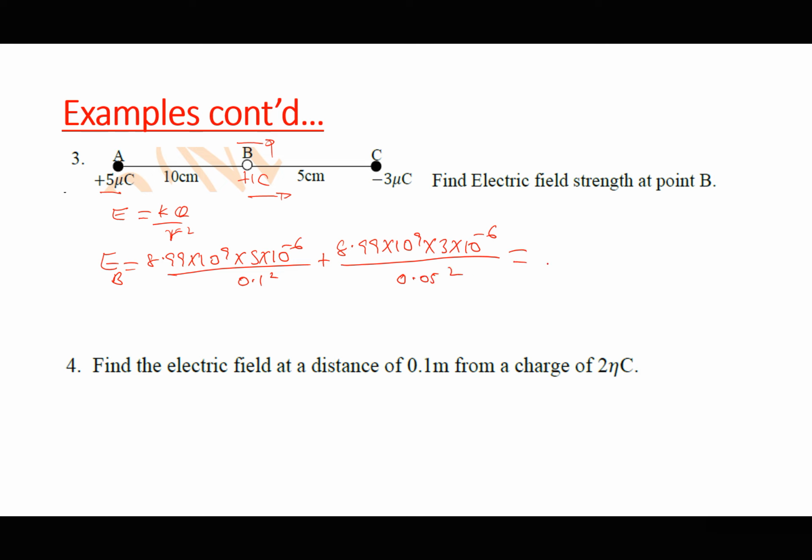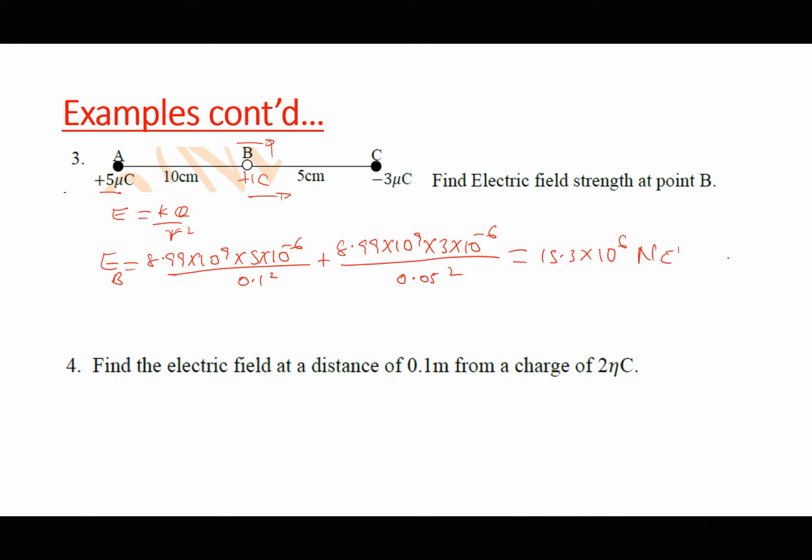You press the calculator. By pressing the calculator, we are getting 15.3 times 10 power 6 newtons per coulomb.